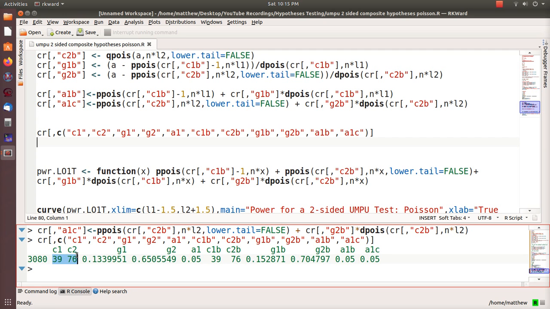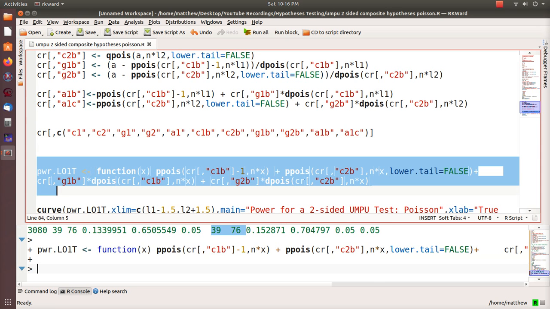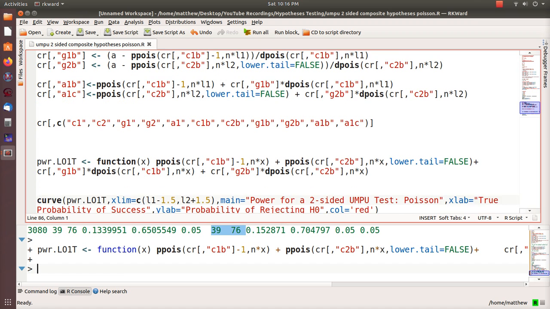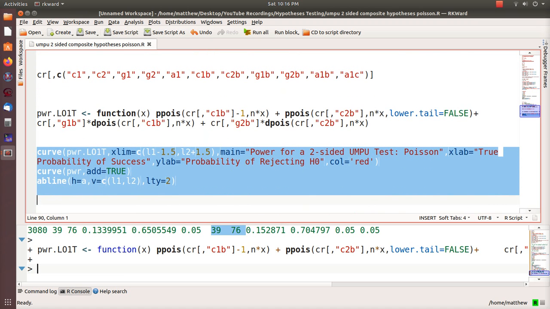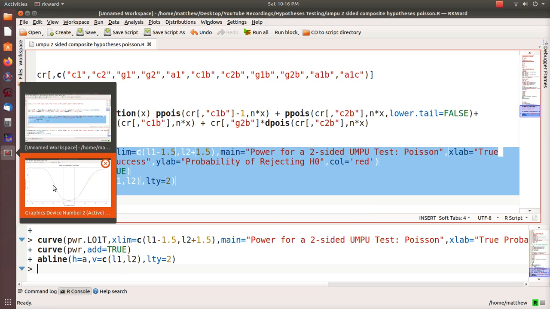The critical regions for the UMPU test are 39 and 76. Same way for the leave one out test. Let's create a power curve for the leave one out tail test. And let's plot the two curves on top of each other and just see how close they really are.